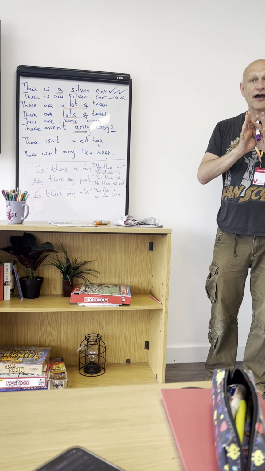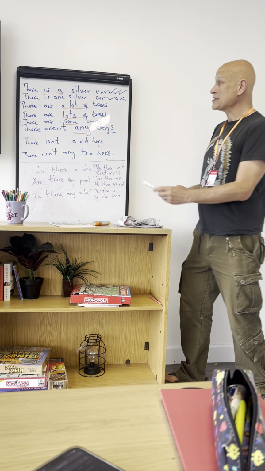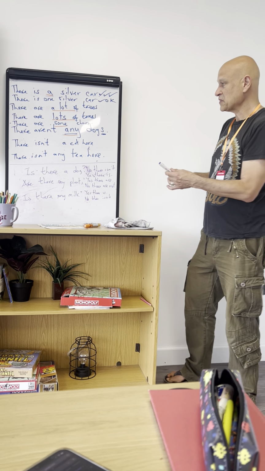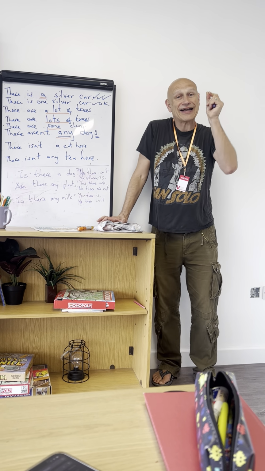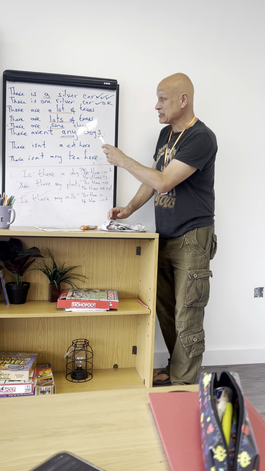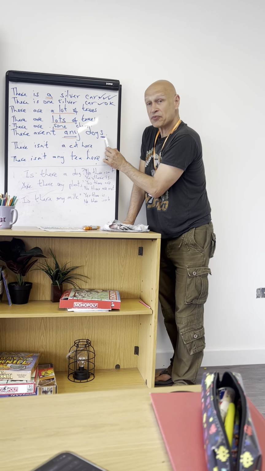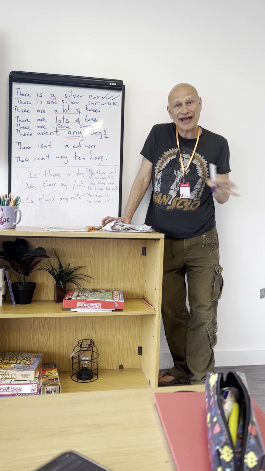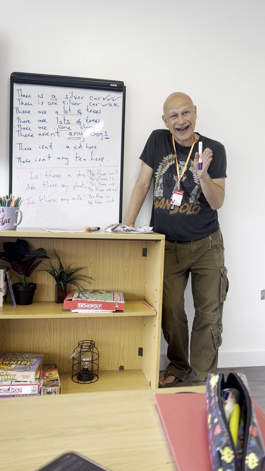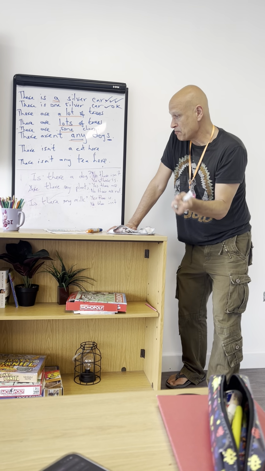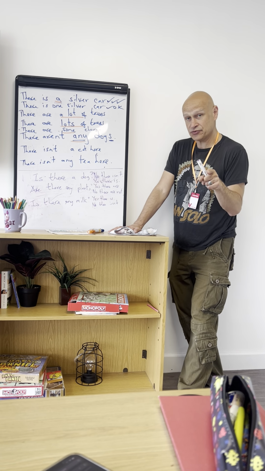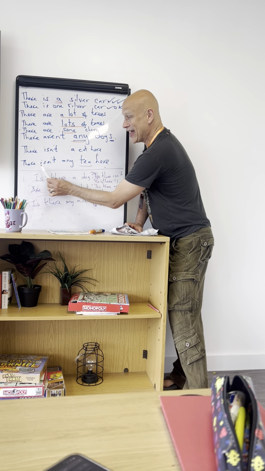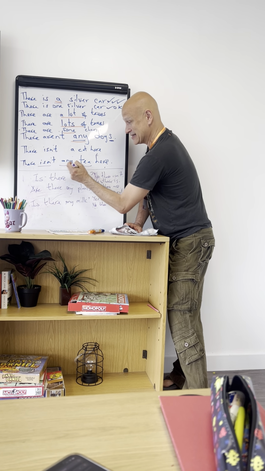And then, if there aren't any, 0, we say there aren't any dogs, for example. Remember, if it is a countable noun, we need to use the negative with plural. There aren't any dogs. So negative plural for countable nouns. But for uncountable nouns, like tea is uncountable, we say there isn't any tea here.